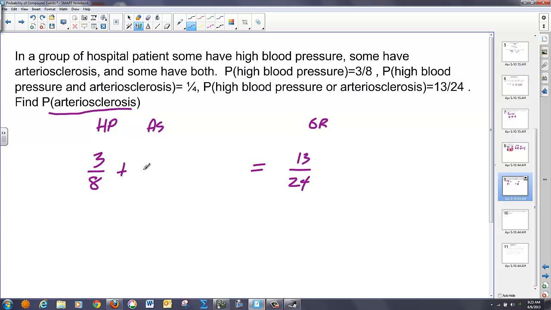And this is what I don't have, the probability of just arterial sclerosis. But I have the combination of both. I have the AND part, which I would normally take away as the overlap. So that's a quarter. And then I can just go ahead and solve this problem. And in doing so, we get a total of 5/12. And that's the probability of anybody having AS.